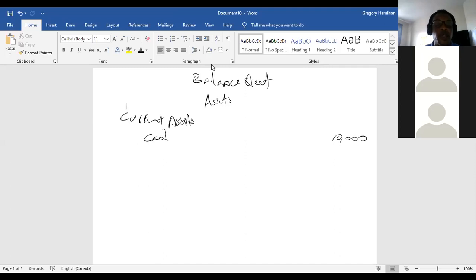What would come next if you're looking at the most liquid? Accounts receivable. Anyone else? What would be the next most liquid asset? Marketable securities, and then accounts receivable.